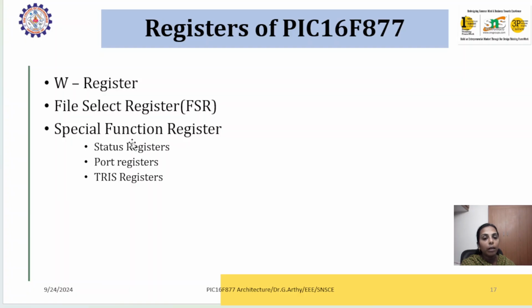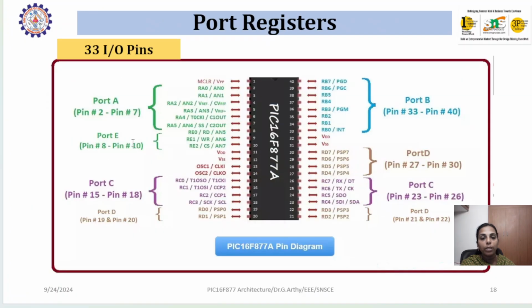We have two temporary registers available, the W register and the file select register. These are the two temporary registers which are commonly used. Other than this, we have the special function registers. The status register, the port registers and the TRIS registers are special function registers.